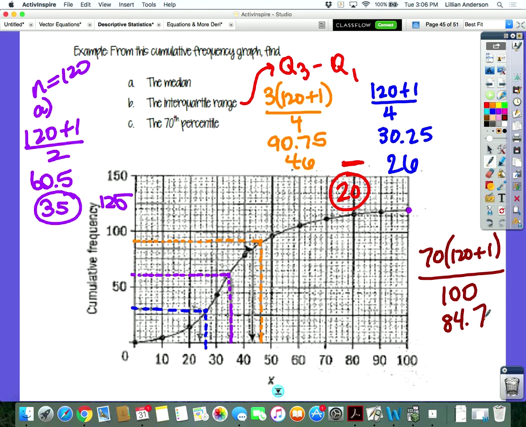That is not your number. That is where you can find it. So you go to 84.7. That's 60, 65, 70, 75, 80, 85. So I'm a little bit below 85.